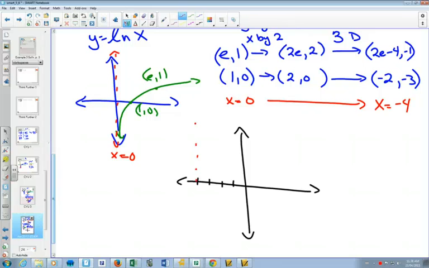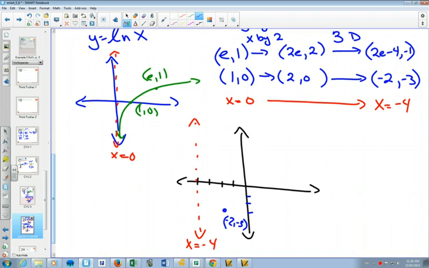So I'm going to start with my asymptote at x equals -4. I'm going to label our 2 points. I'm going to start with (-2, -3), because that's the easier one to label. And when you're labeling 2e minus 4, you can use an estimate. e is 2.7.